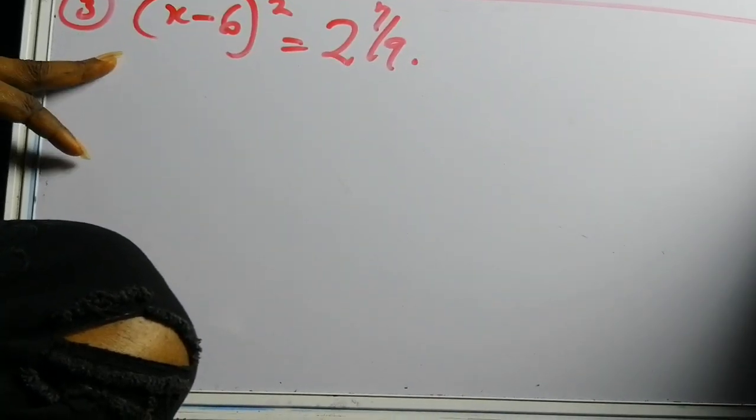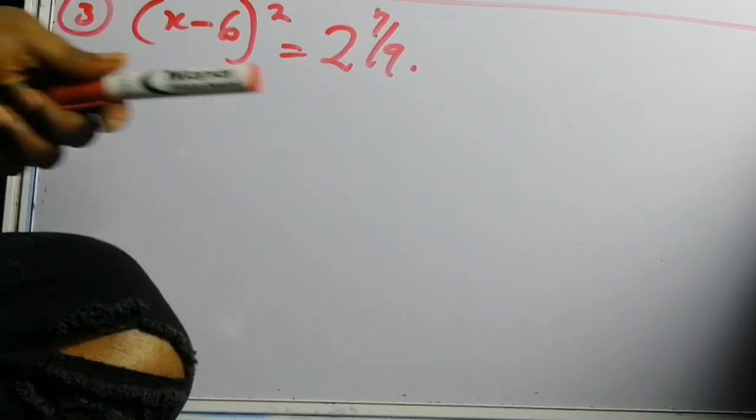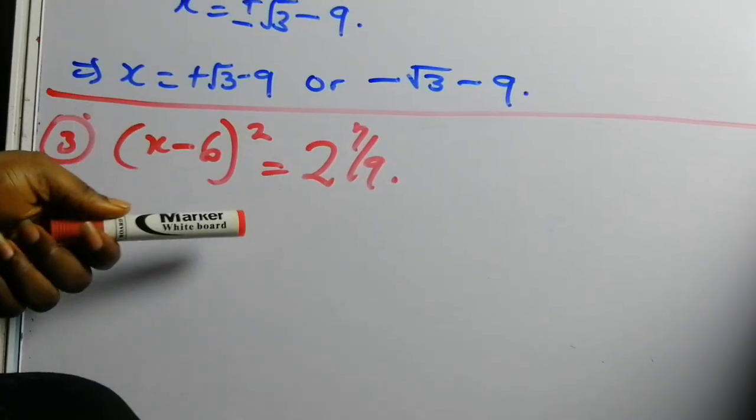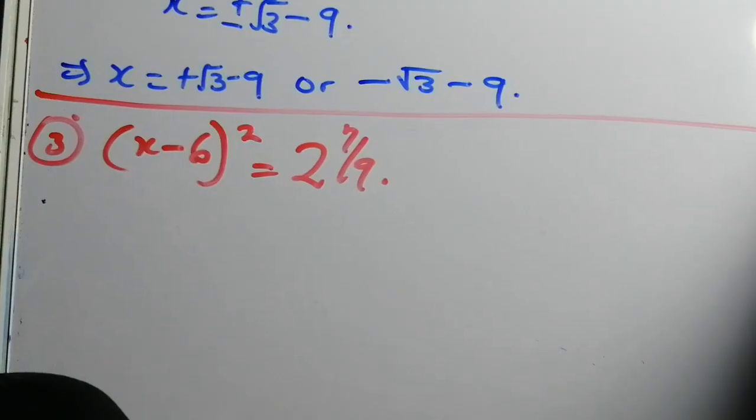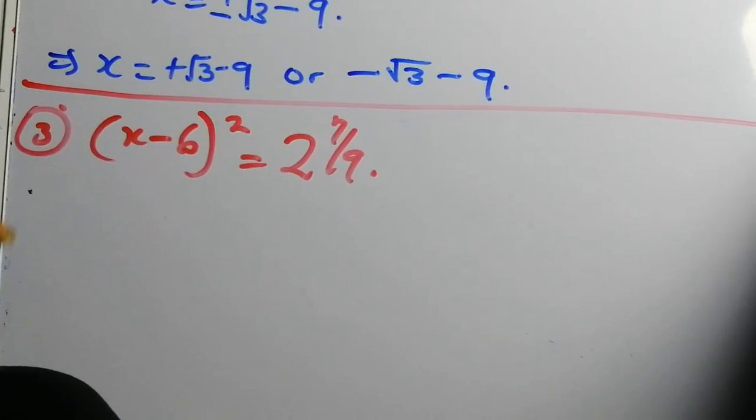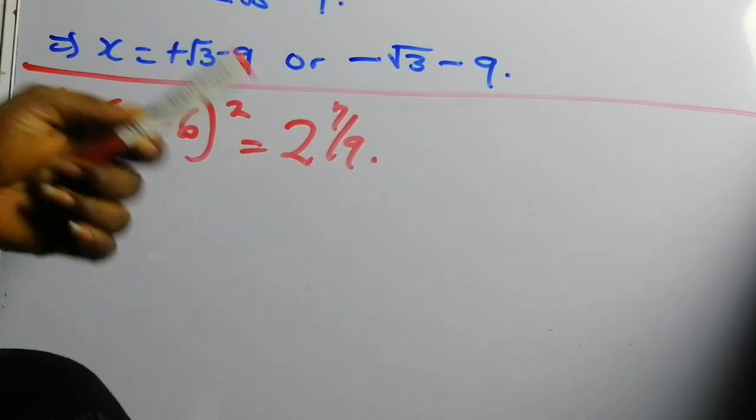Now, if you look at this very well, this is an improper fraction. I've mentioned this in part of the example I gave under rational and irrational numbers, and it's coming out in this part now.